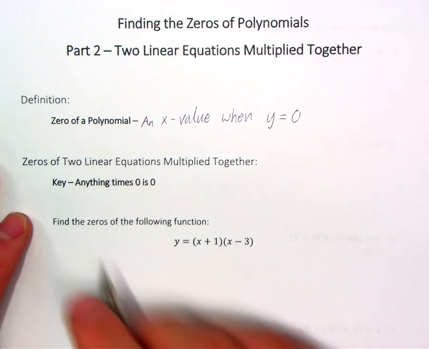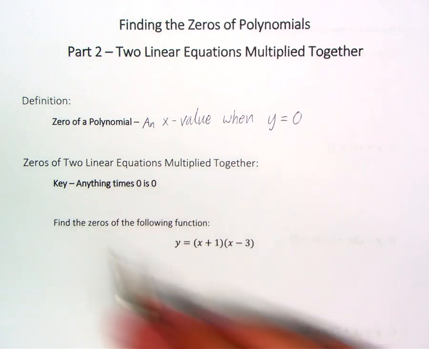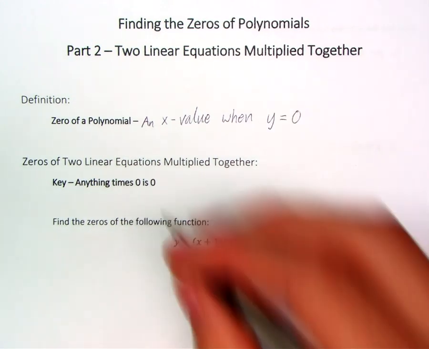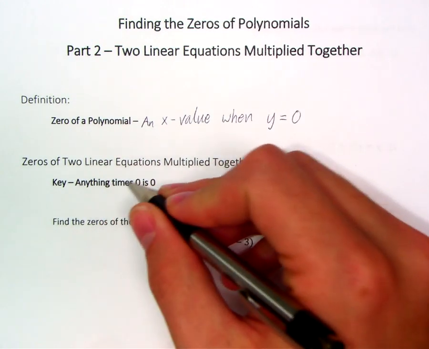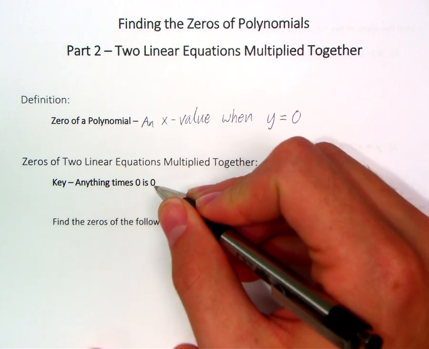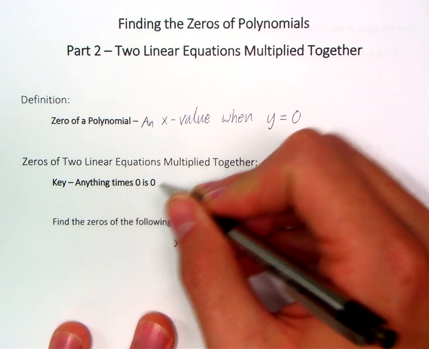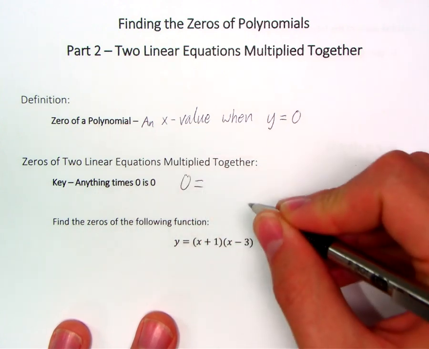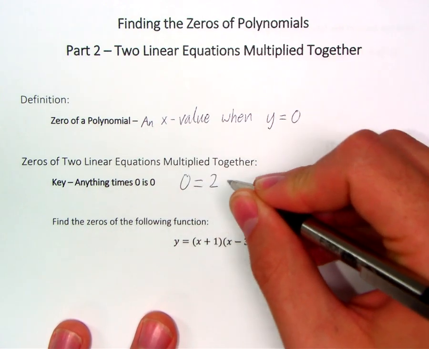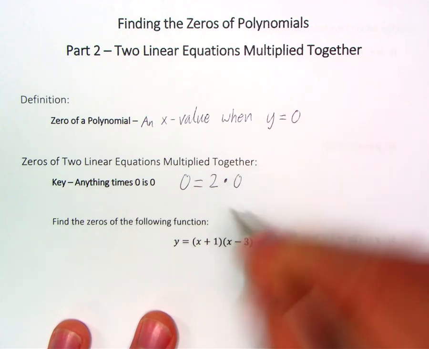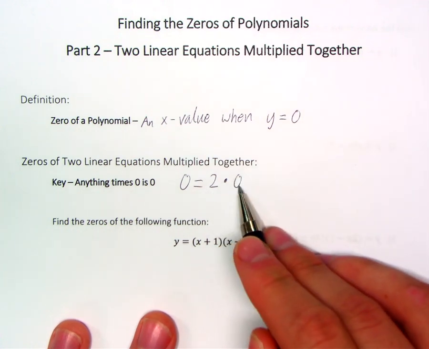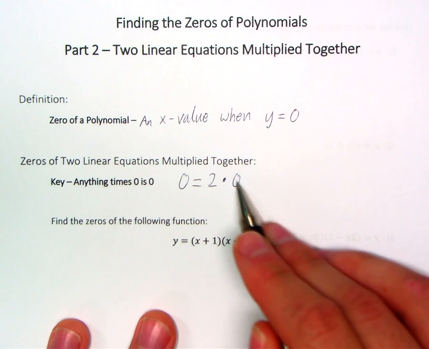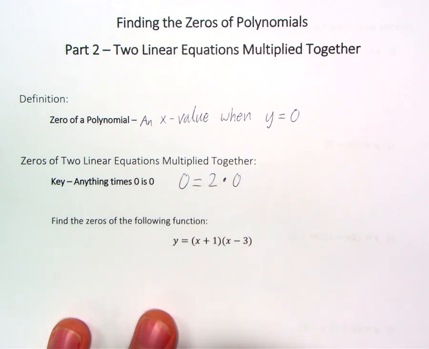All right, so a key understanding of this kind of problem is to know that anything times 0 is 0. Or, put it another way, 0 is the answer for any multiplication problem that involves a 0. So when you multiply 2 times 0, since 0 is in that multiplication problem, the answer is going to be 0.